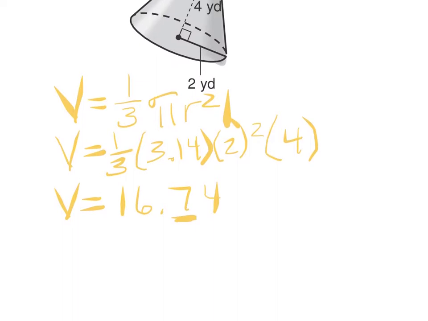Well, it's a little bit closer to 16.70. So we would round this to 16.7. Now we could put the 0 on it, make it 70, but it means the same thing. So our volume of this cone is 16.7 yards cubed.